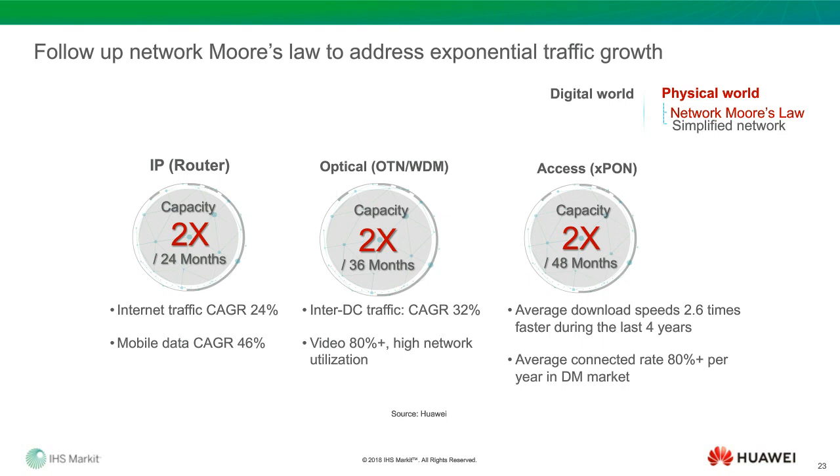But the challenging part is how to boost the capacity in a cost-efficient way. We say the minimum cost. So from Huawei's side, we are equipment vendors, right? We try to do our best to address this exponential traffic growth, following Moore's law.